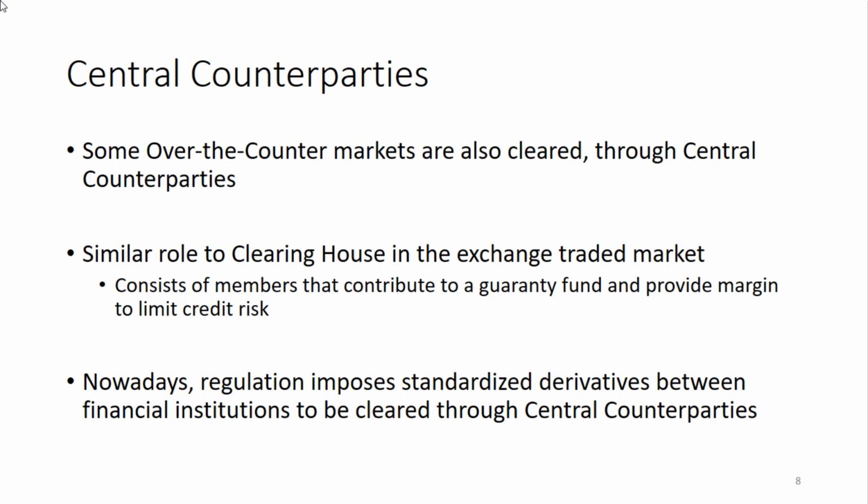And then the central counterparties take almost the same role as the clearinghouse does in the exchange-traded market. So also here, the members all contribute to a guarantee fund, and in addition to that, they hold margin accounts with the central counterparties to limit the credit risk.